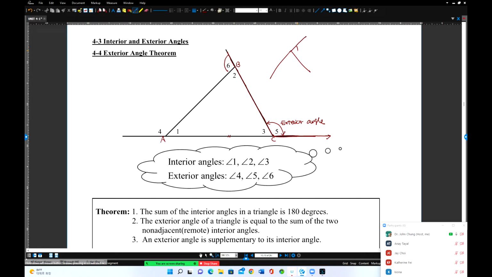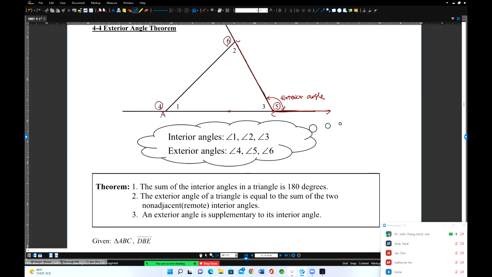It doesn't matter, it's going to be the same angles. So I just use only one side there. This angle 6, this angle 5, this angle 4, they are called what? Exterior angles.